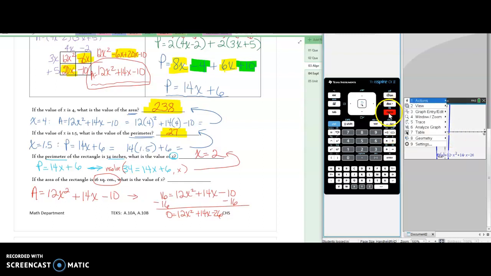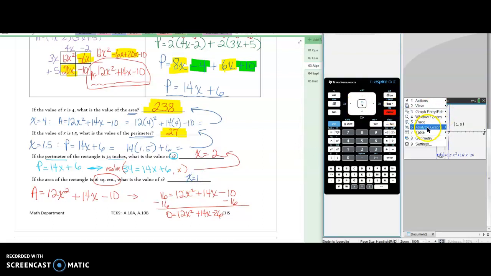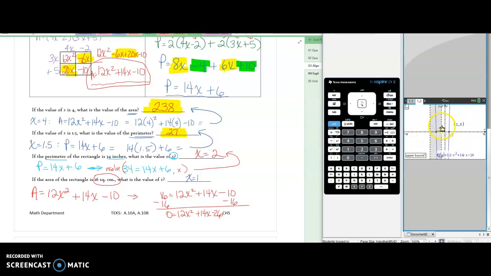So let's do menu, analyze graph, zero, click, drag and click, and look. My value for x is x equals 1. Let's go ahead and see what this other one is just to make sure. Menu, analyze graph, zero, just so we get in the habit of doing it. It's a negative 2.17.